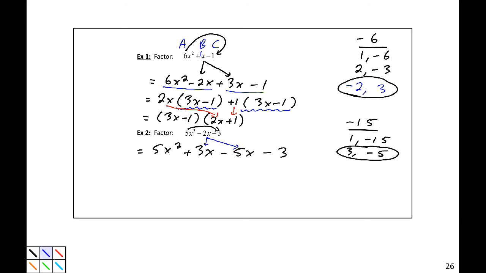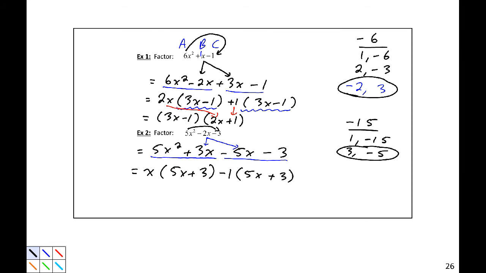Now let's group the first two. It appears that they only have an x in common. So x multiplied by 5x plus 3 is how my 5x squared plus 3x factors. And the second two, well, this 5x has a minus sign there. So I'm going to factor out a negative 1, which will result in negative 1 multiplied by 5x plus 3.